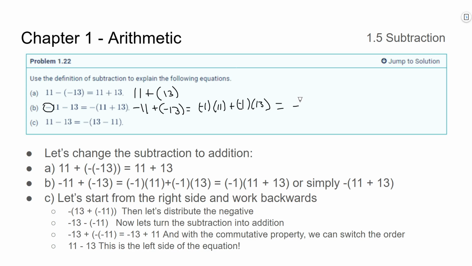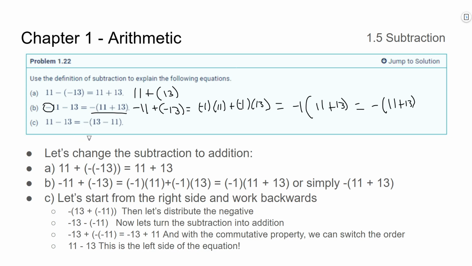So we can pull that negative 1 outside of some parentheses here, and now we're just left with 11 plus 13. And we don't actually need this 1 here. It doesn't really change anything, so we can just simplify that and write this as negative 11 plus 13. And that's what we have right here.